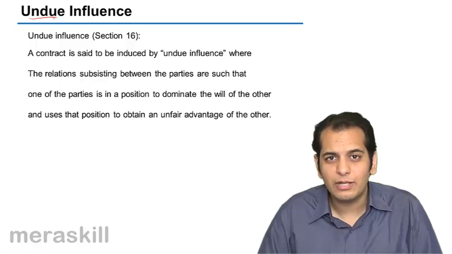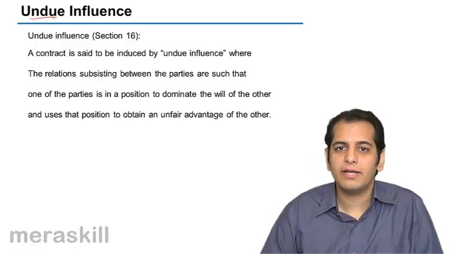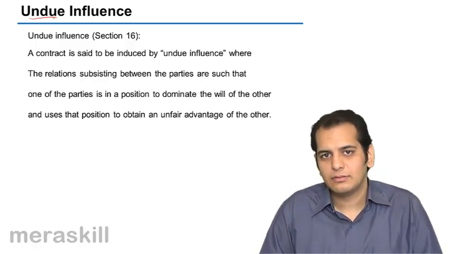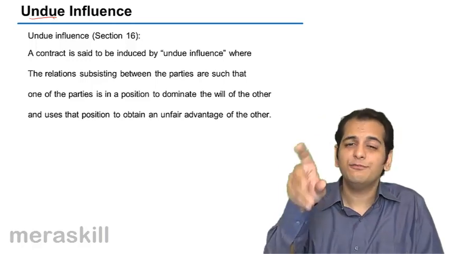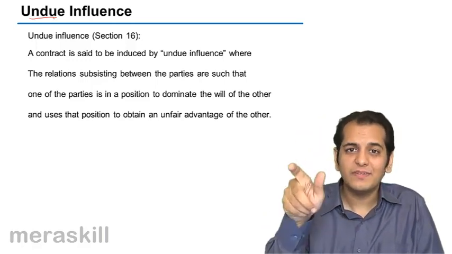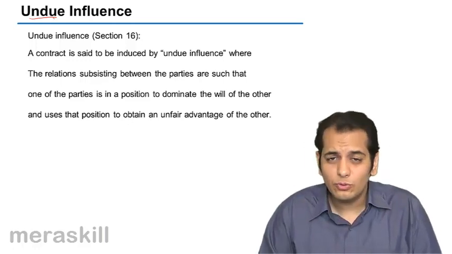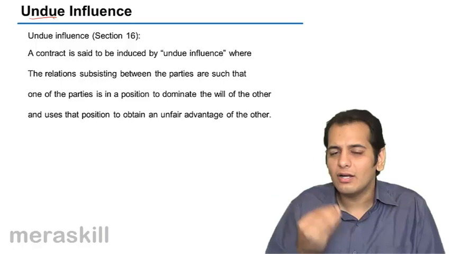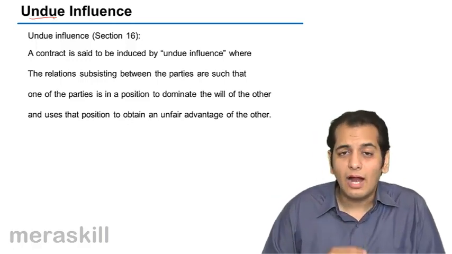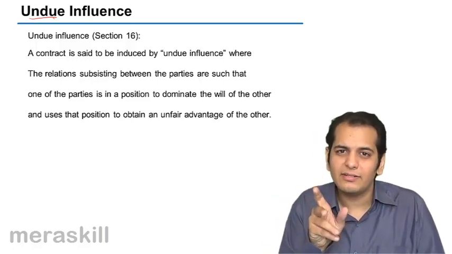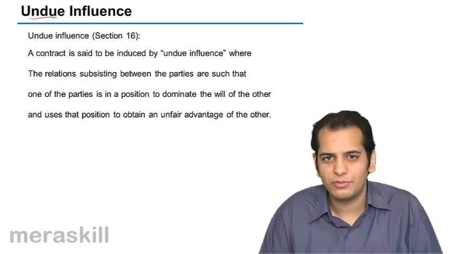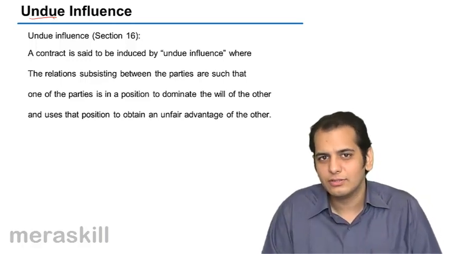And how do I do that? By influencing, by convincing him. But this influence, this convincing is undue, it is not required. So, by these words, you can understand that undue influence is again playing with the emotions of the counterparty, playing with the psychology.